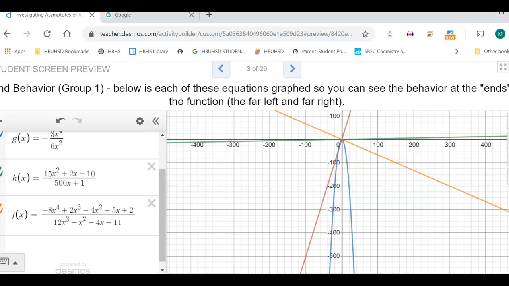The green one is a lot slower than the other ones, but it's still slanted like a line. The left end goes towards negative infinity, and the right end goes towards positive infinity. So these functions were grouped together because that degree was higher in the numerator than in the denominator. And what that means is when you put all of these functions on a graph, you know nothing else about them right now.